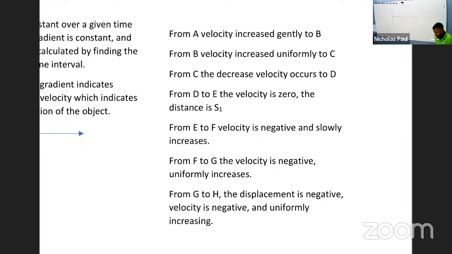G to H is below the x-axis, and the velocity is negative, and uniformly increasing, so that we have a straight line. G to H is a nice straight line below the axis, right?